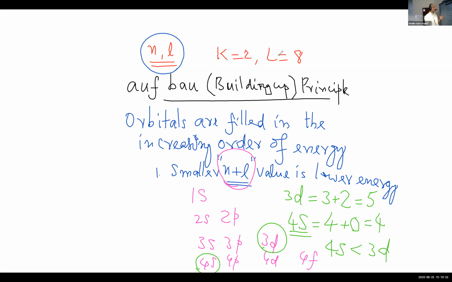So before entering the 3d orbitals, the electrons must go to the 4s orbital. Only after the 4s orbital is completed, the remaining electron will go to the 3d level.